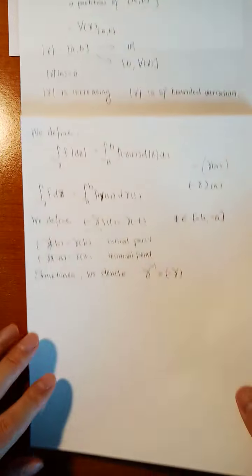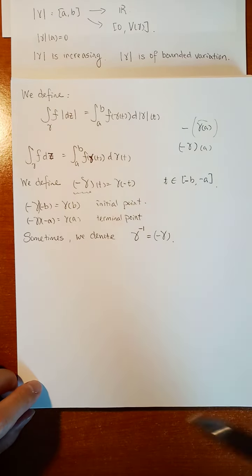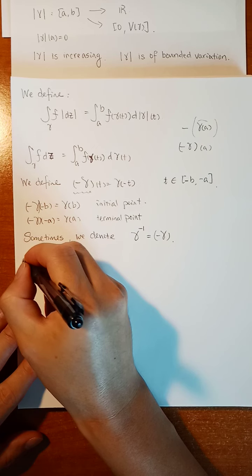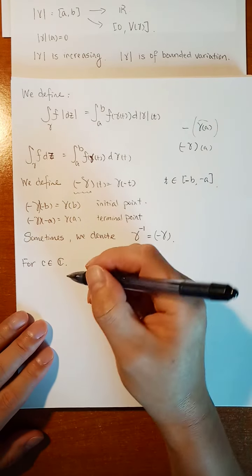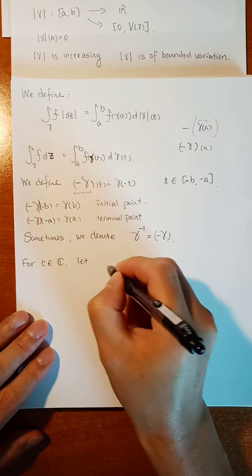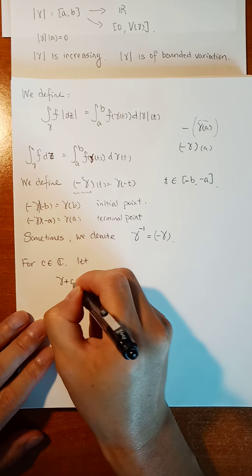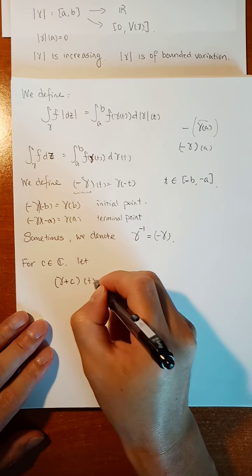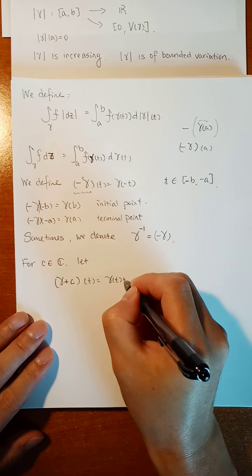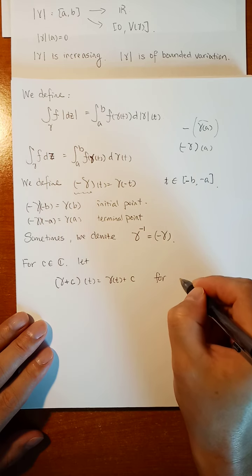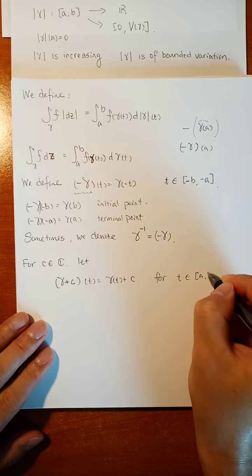Either way, so the translation for a number c in C, let gamma plus c evaluated at t be gamma t plus c for t in [a, b].